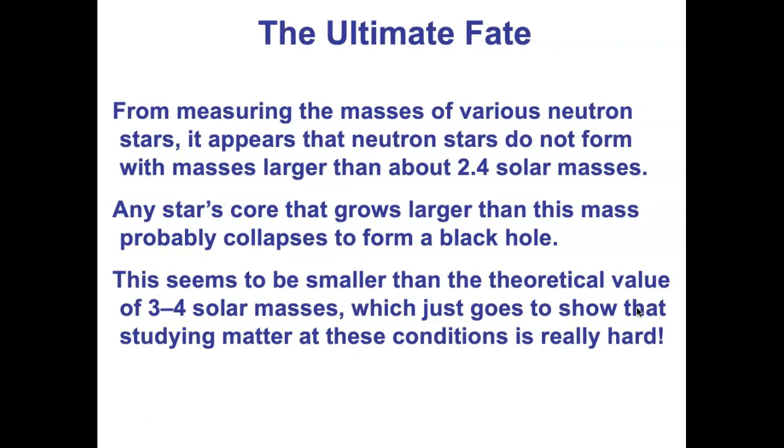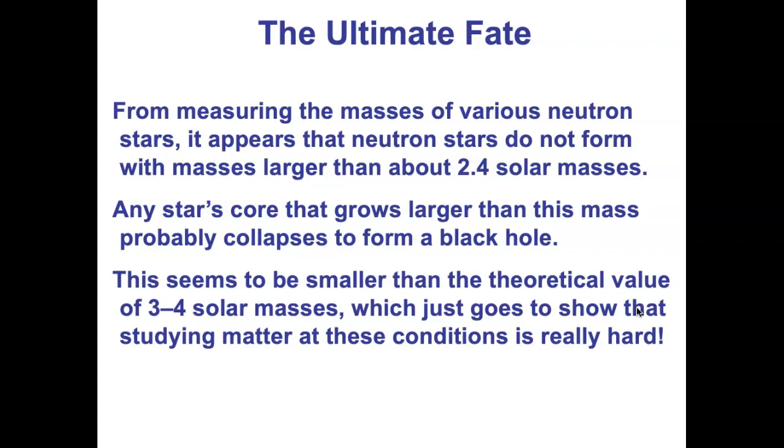A star can only have a core of about 2 or 3 solar masses and stop at the neutron star phase, right?